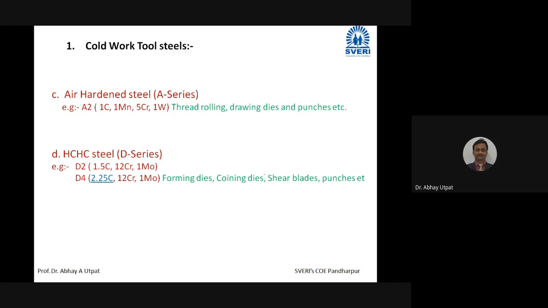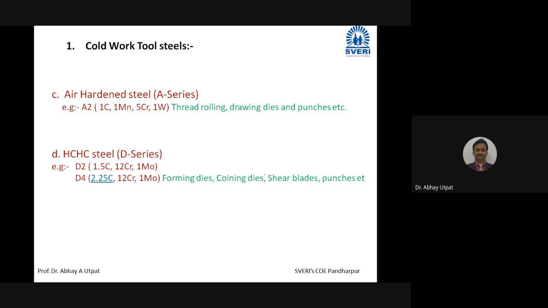Now there is a question which was asked three or four times in the examination. A very simple question, you can write it down. Why are air hardened steels not water hardened?